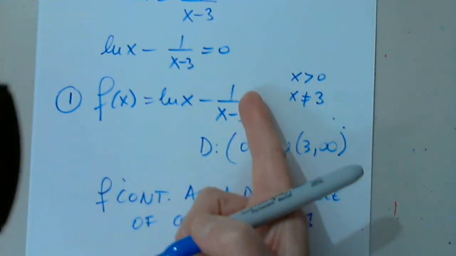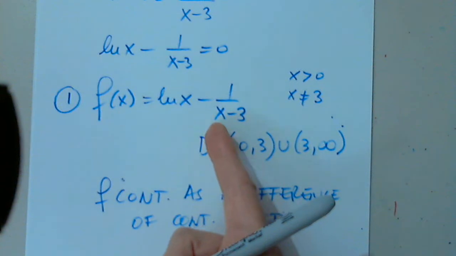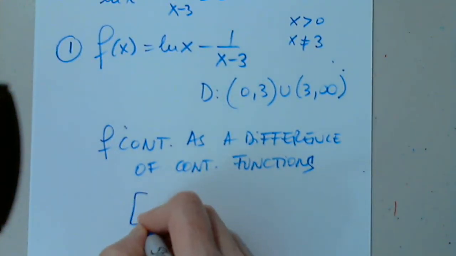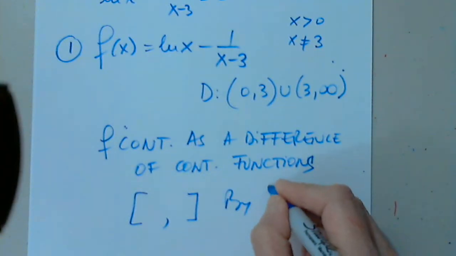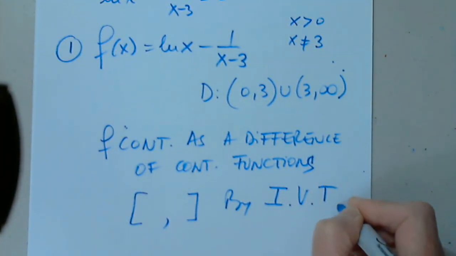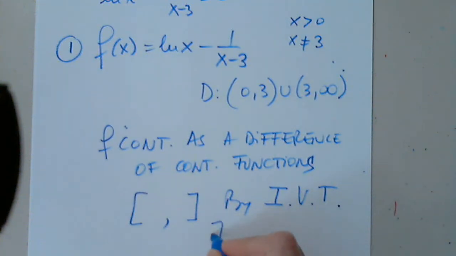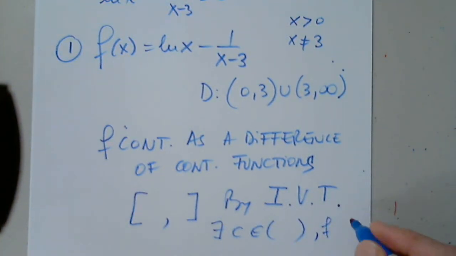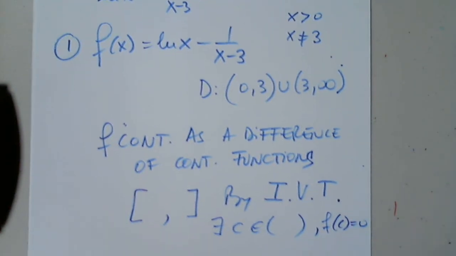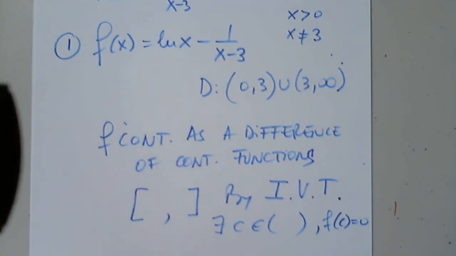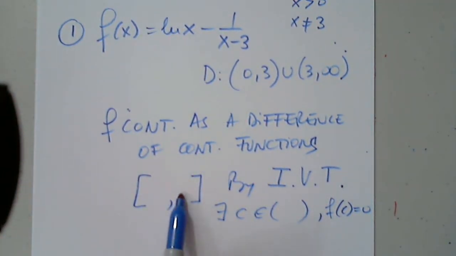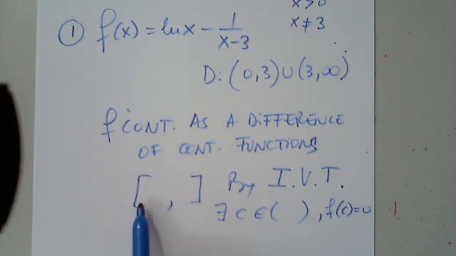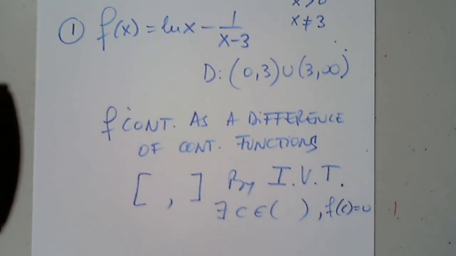I will punch in this function in the graphing calculator and try to find, because it's continuous, by the intermediate value theorem, there exists a c in the open interval, whatever I find, as we know from a long time ago, such that f of c is 0. So if I find anywhere where the function changes sign, I will say there must be a solution there.